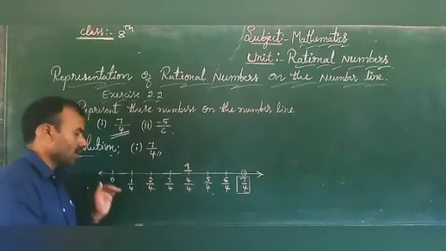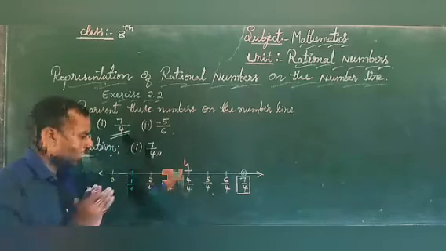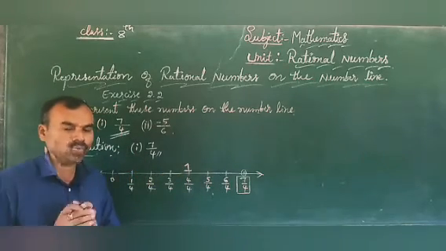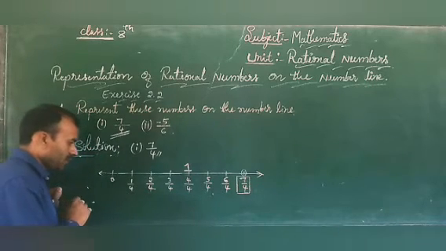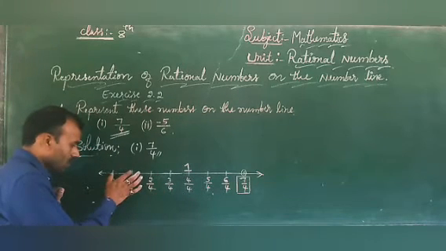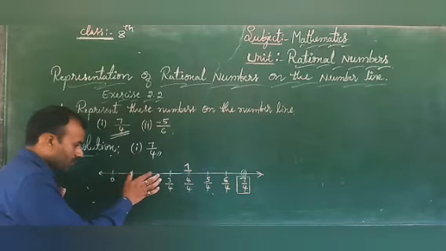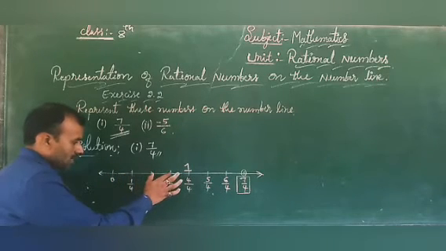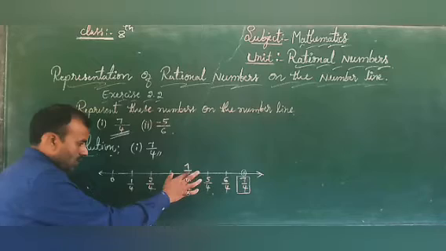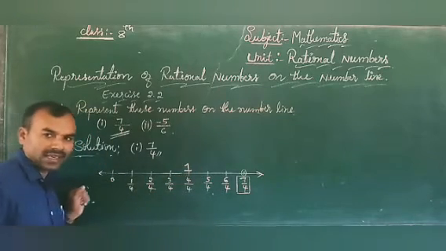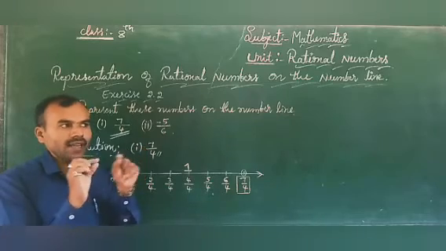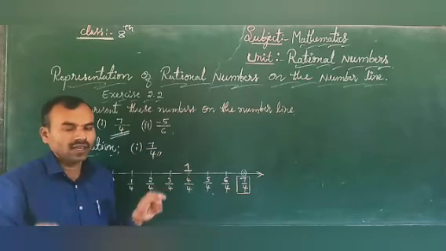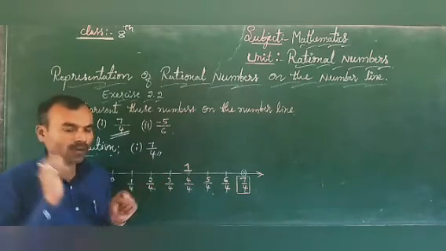Okay. 0 to 1 is divided into 4 parts. I see here 4 parts. This is one part, this is the second part, this is the third part, this is the fourth. Yes, in the scale 0 to 1 is divided into 4 parts.